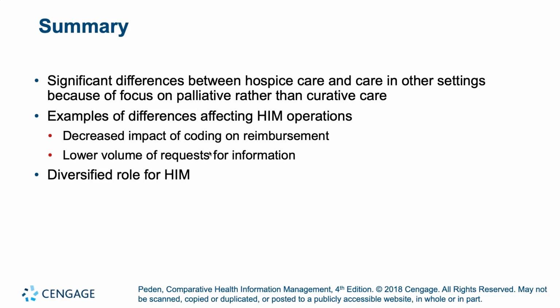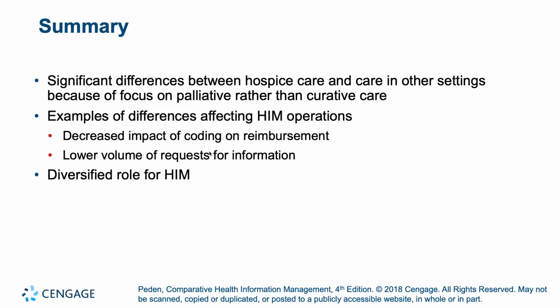There are a lot fewer requests for information that you run into, a lot less ROI, because for most patients, this is the end of the line. And there's not going to be a request for the information other than possibly from the payer. And it's a diversified role for HIM. I mean, there's so much that can be done that's, I don't want to say non-traditional, but expanded beyond the typical release of information, chart analysis, coding.